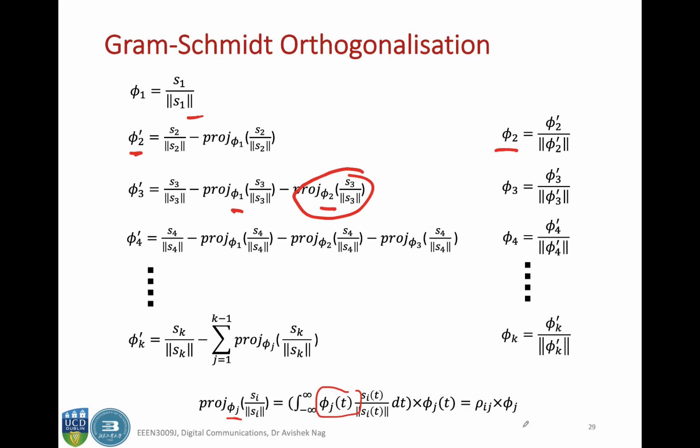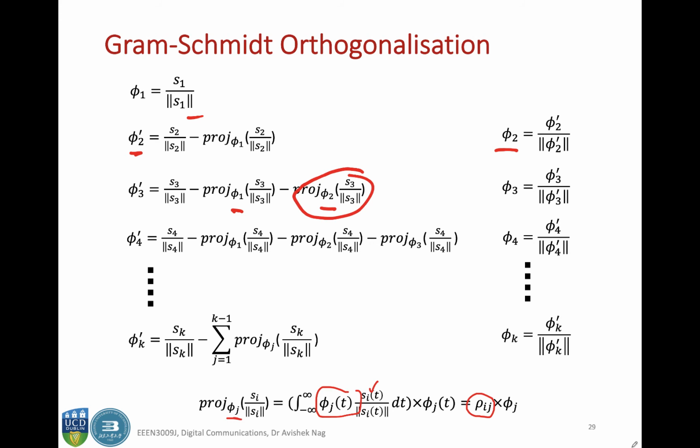Basically, this is the correlation rho ij between Si divided by the norm of Si and phi j, times phi j again. I will explain this with a diagram, what is happening from a vector perspective.